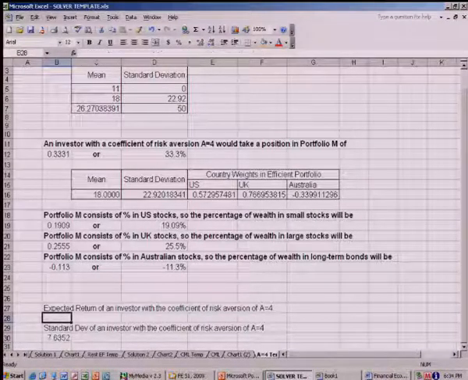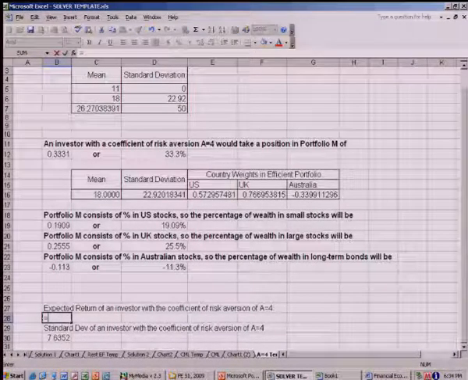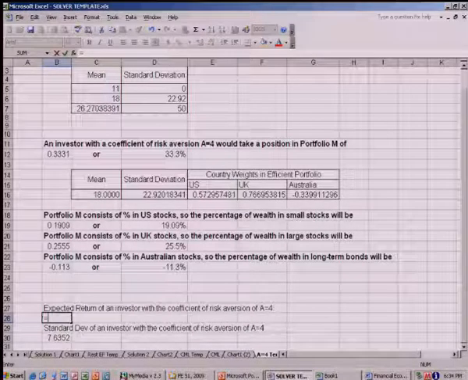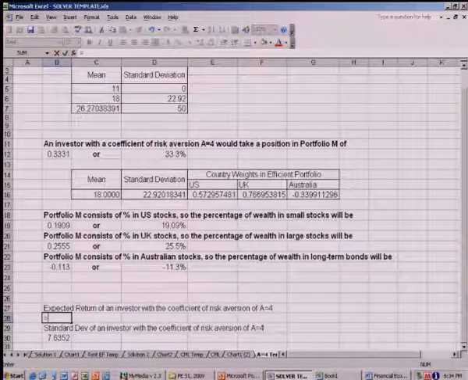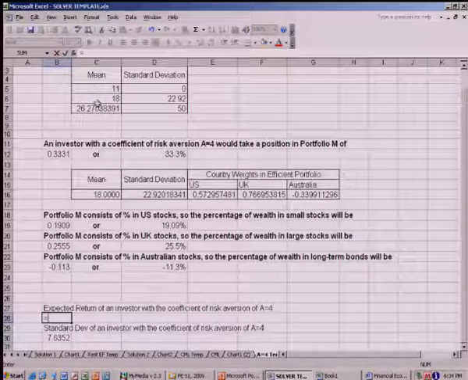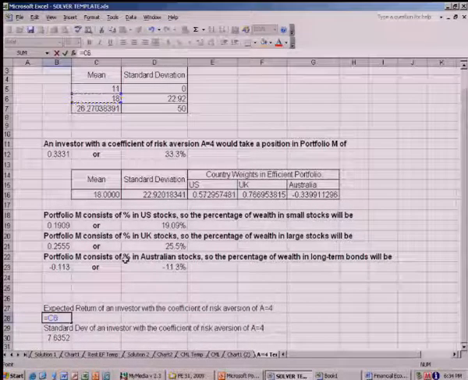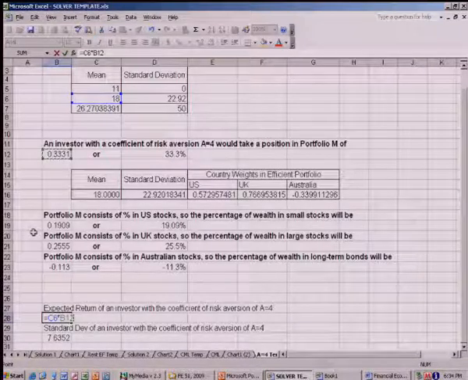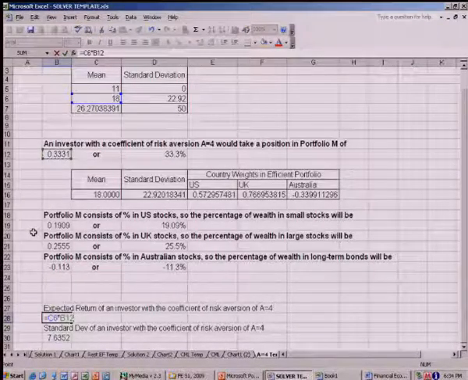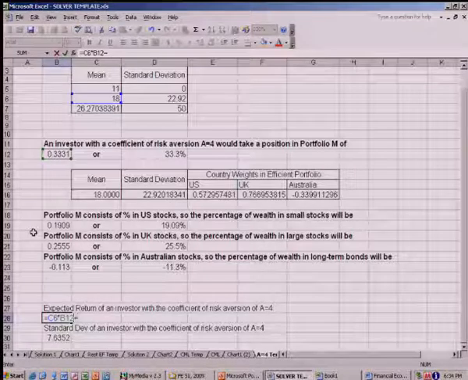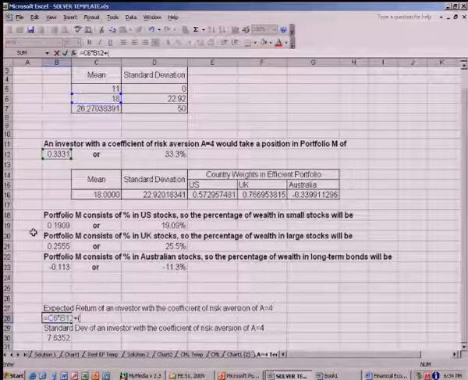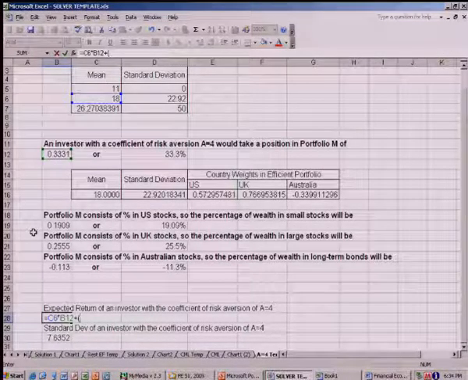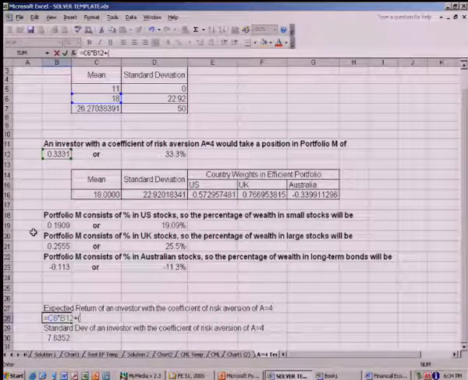So for the expected return, it's equal to the expected return on the risky portfolio of 18% times the weight on the risky portfolio of 0.33 that we just calculated, plus the remainder of the funds being invested into the risk-free asset.